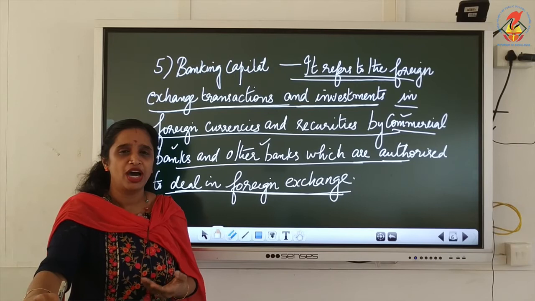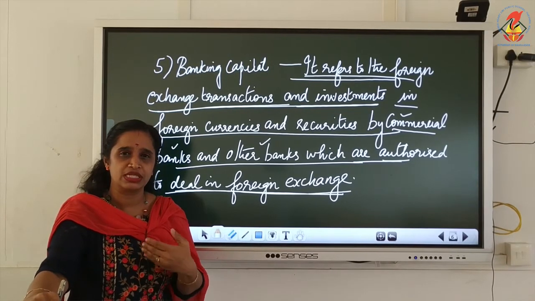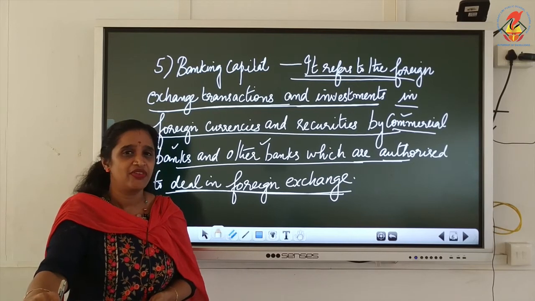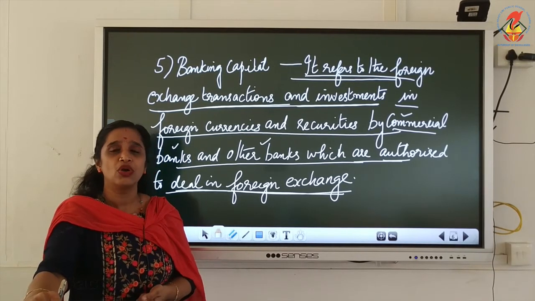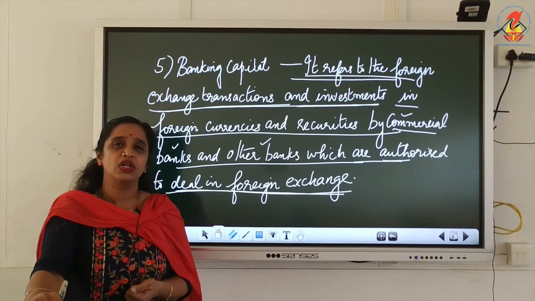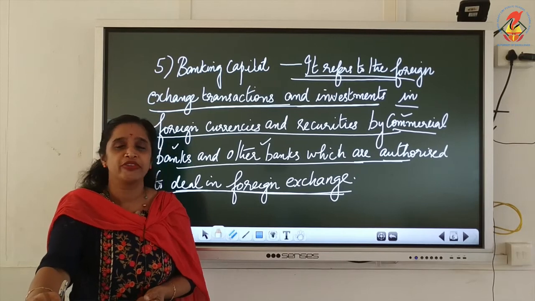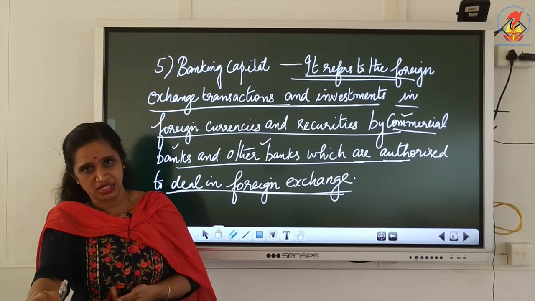Now, you know RBI is involved in buying, purchasing and selling of foreign exchange. When I explained money and banking, the sole authority of issuing currency, I told you we will be explaining all these topics in the chapter on the foreign exchange market. But here also we are in need of that particular concept.